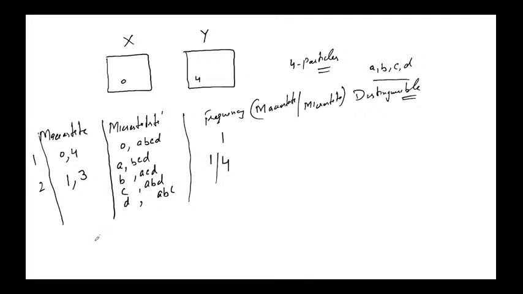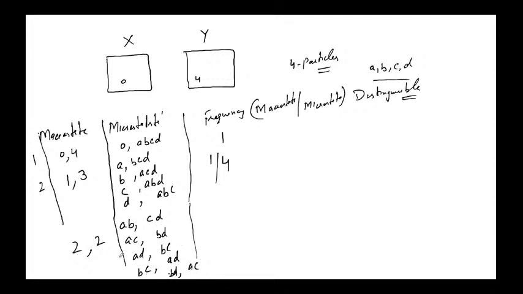Similarly, if two particles go in each box, there are 6 different cases, so I will not go into detail. There will be a large number of microstates. So let us say AB can go in this, CD can go in this, AC can go in this, BD can go in this, AD can go in this, BC can go in this, BC can go in this, AD can go in this, BD can go in first, AC can go in this.